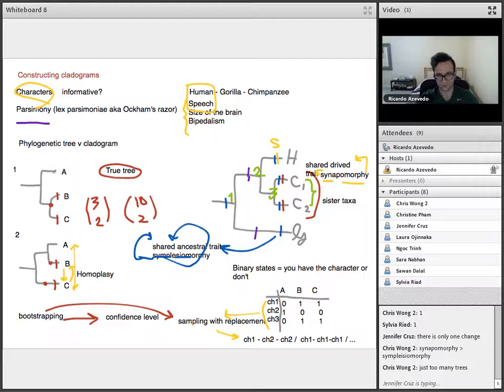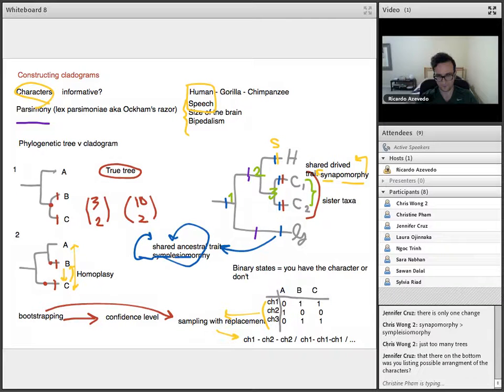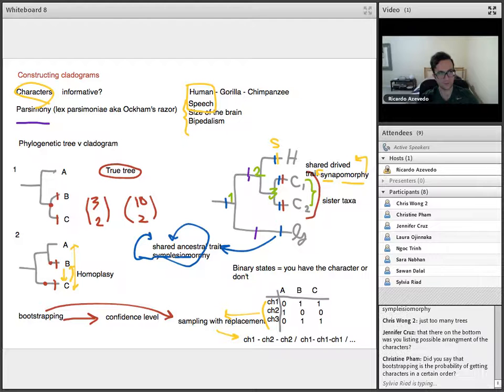Sampling with replacement means that in one of these samplings, by just chance, you can get character 1, character 2, and character 2. In another one, you can get character 1, character 1, character 1, etc. Right? And each time you sample these characters, you construct a tree. And so you get a set of trees constructed by this resampling.